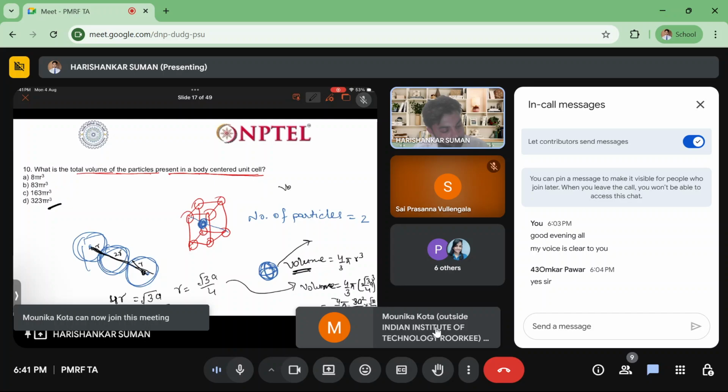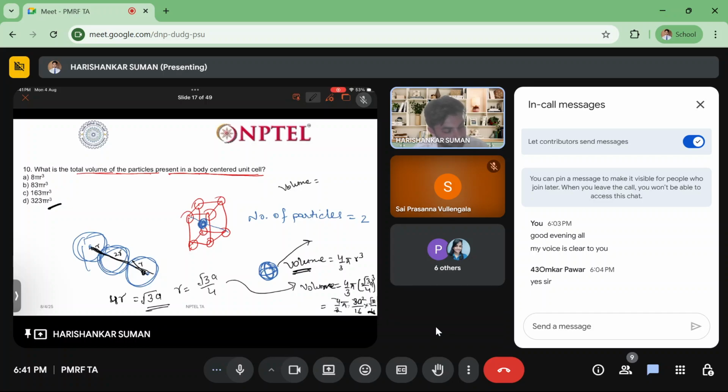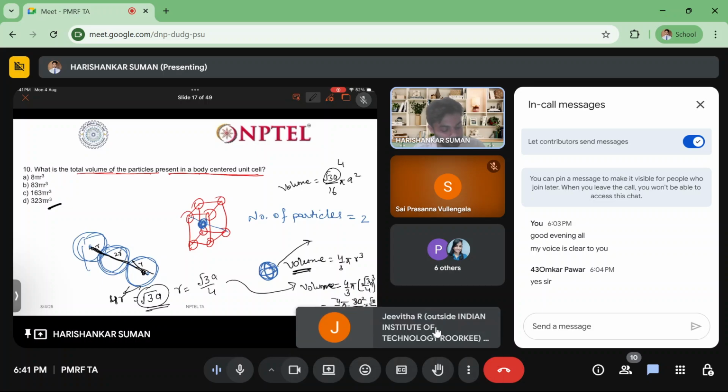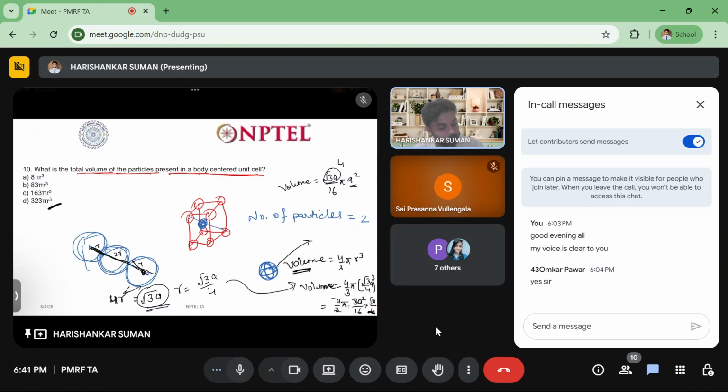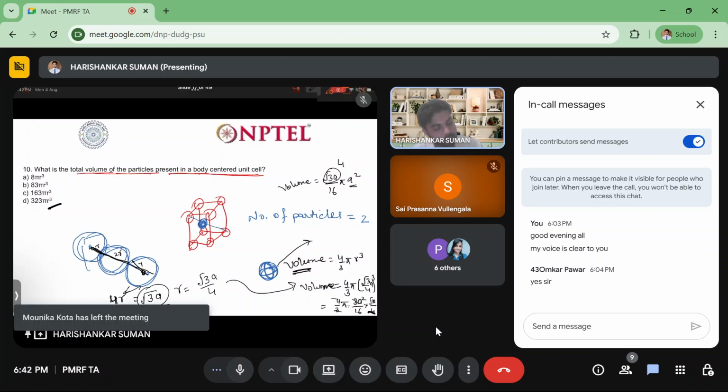Now this volume is root 3 a divided by 16 pi a square. Root 3a can be replaced by 4r, so we can replace it by 4, and also put the a value.